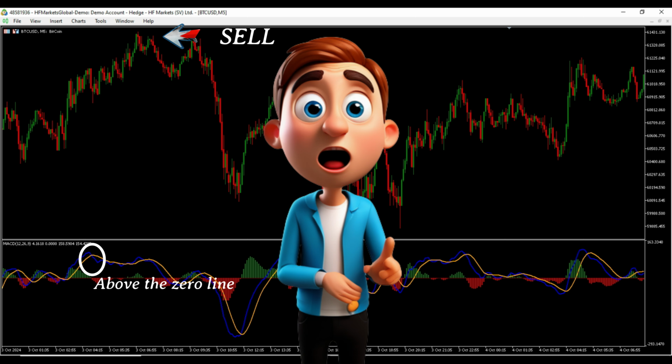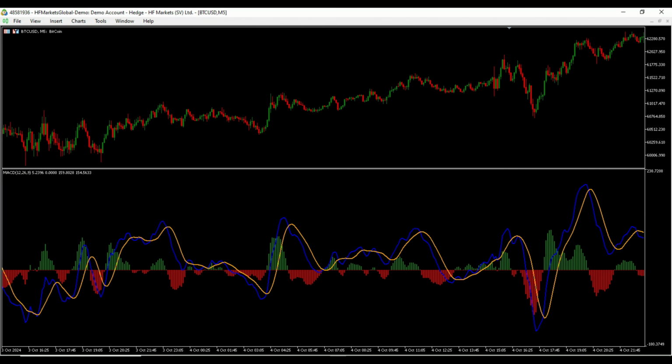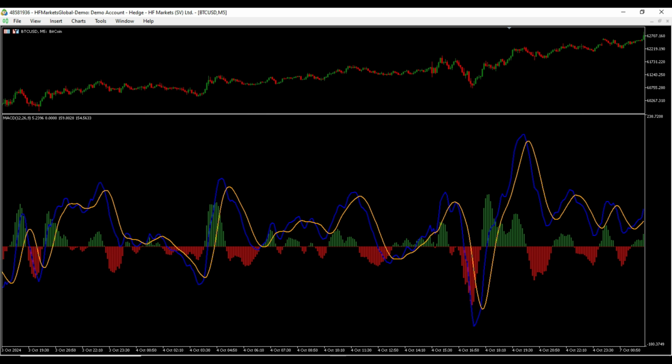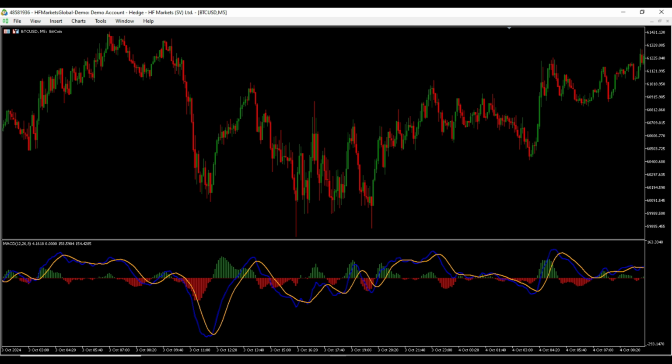But hold your horses. Here's where most traders slip up. They use the MACD on its own. Big mistake. It's great at showing trends, but only when the market is already trending. In sideways markets, it can lead you straight into false signals. The fix?